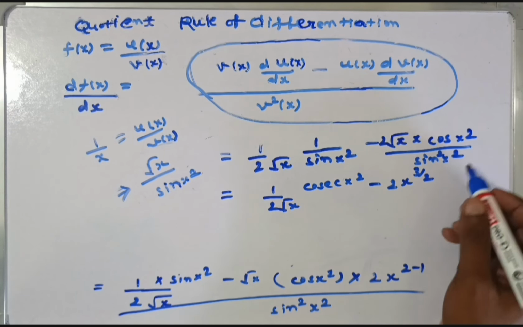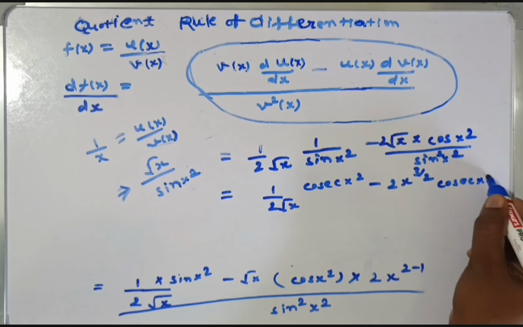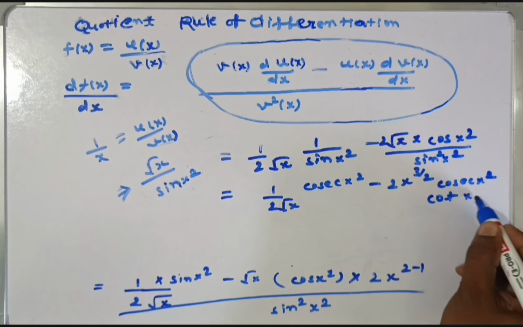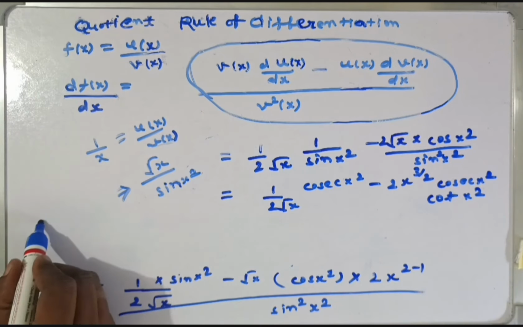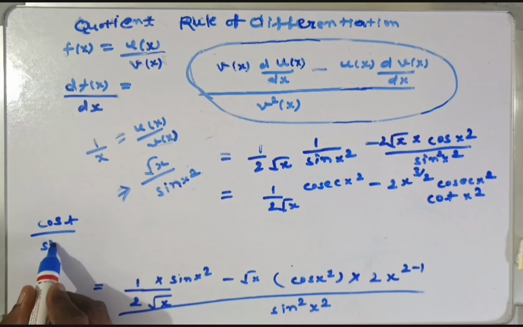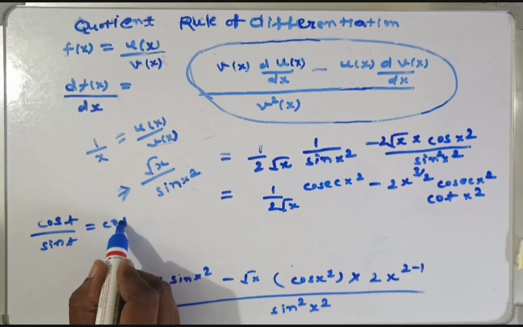And the next one, cos x square by sine x square, is cot x square. How do I write this? You know, suppose this is cos t by sin t, then this one is cot t.